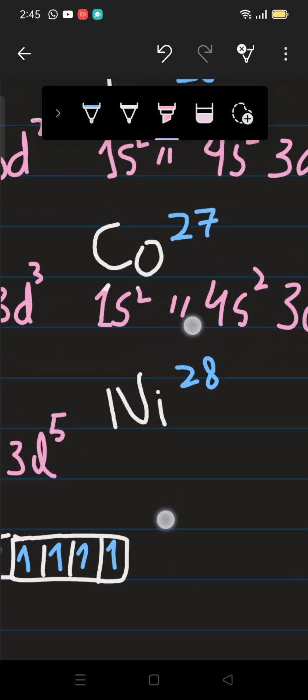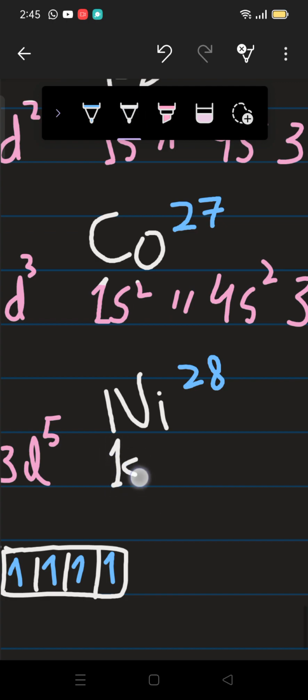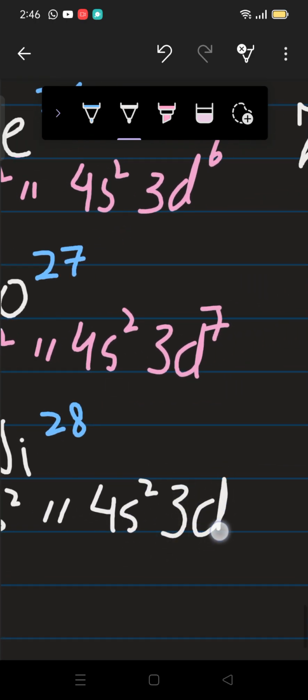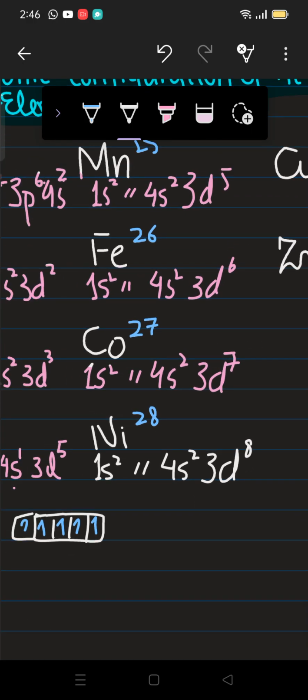Then we have nickel. So 1s2, 2s2, 2p6, 3s2, 3p6, 4s2 and 3d8 is the electronic configuration of nickel.